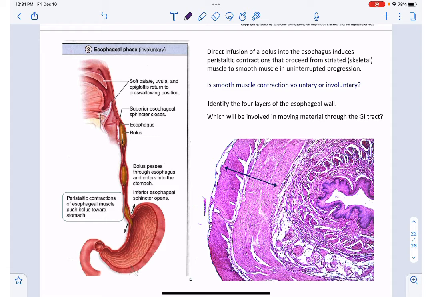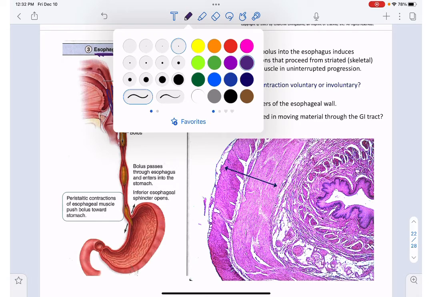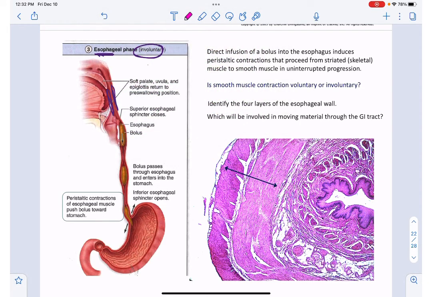And that takes us to the esophageal phase of swallowing, which is involuntary. Basically, what is going to happen is that, well, let's take a look at the diagram. Here's the pharynx. And when food moves from the pharynx into the esophagus, it's going to trigger a series of smooth muscle contractions that we call peristalsis.